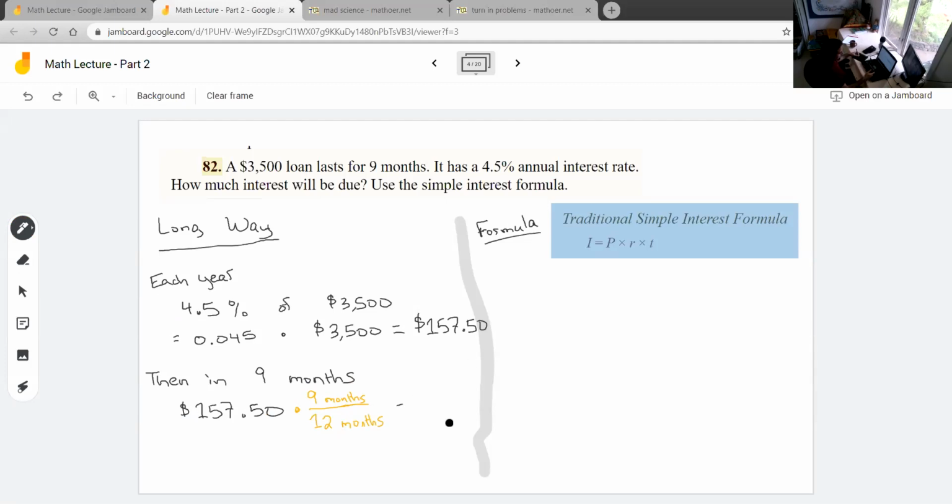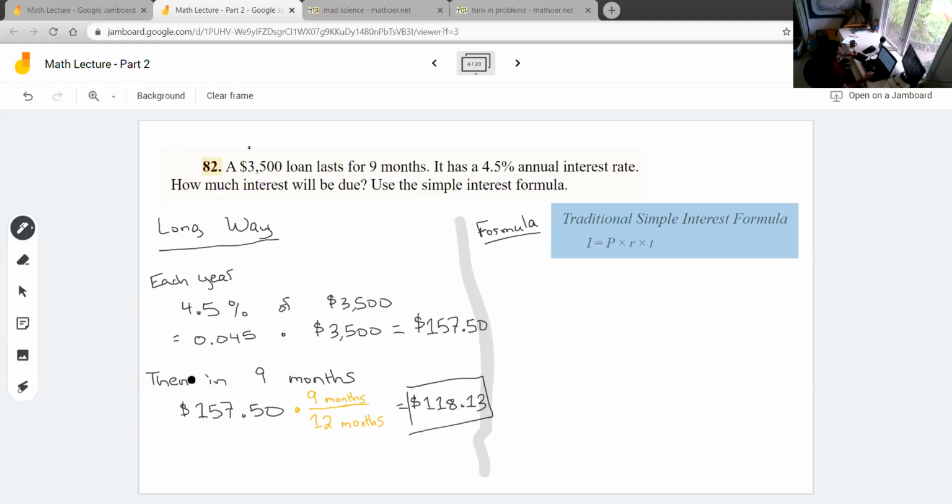And get $118.13. And then finally, we have to pay back. Oh, we don't have to pay back. Never mind, that's done. Woohoo. Okay. Everyone happy with that?